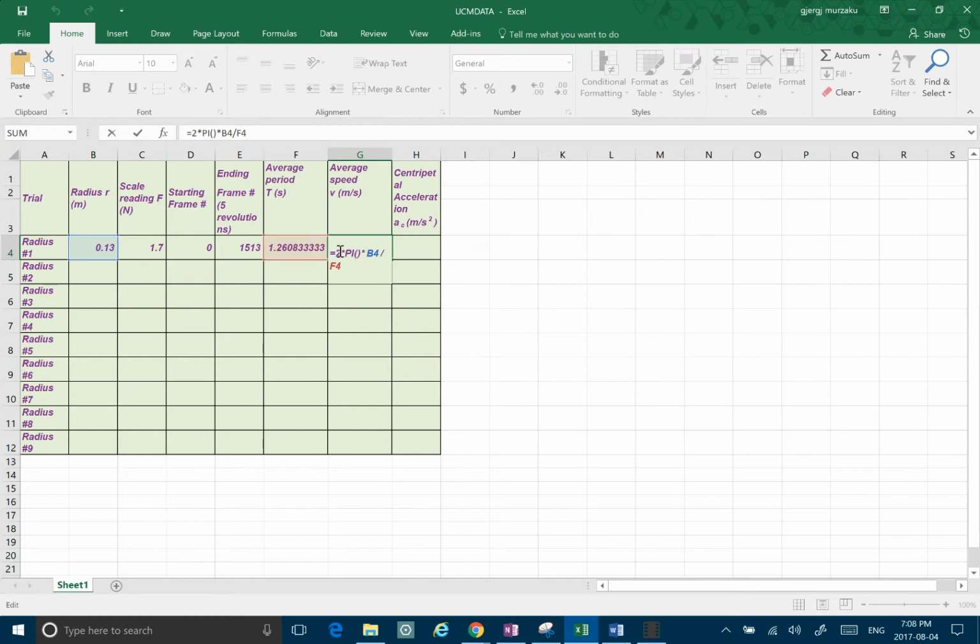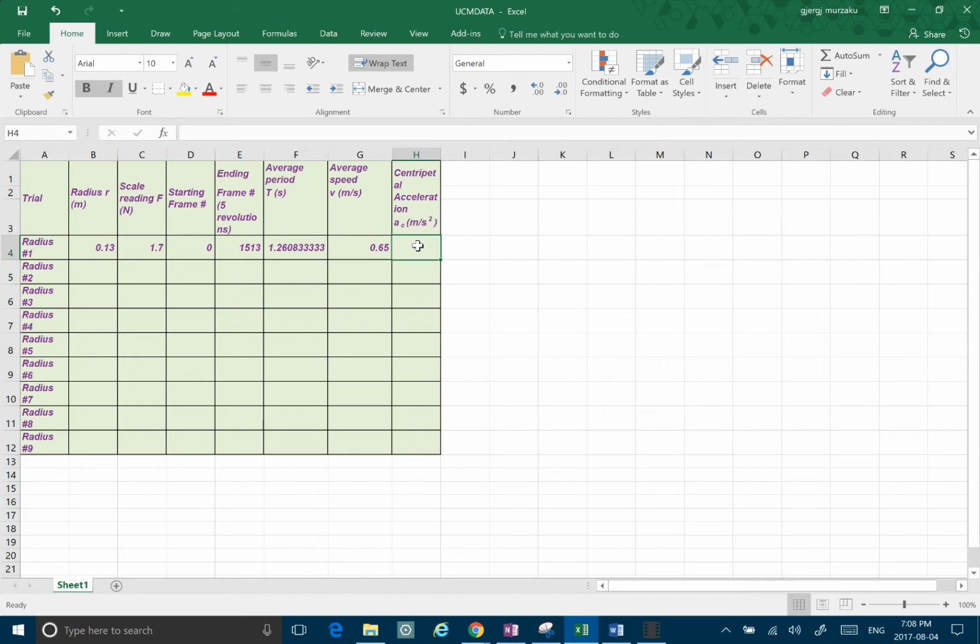Now, of course, our information has 2 significant digits, so we're going to round this to 2. And so now we have 0.65. All right, so we have the radius, we have the speed.